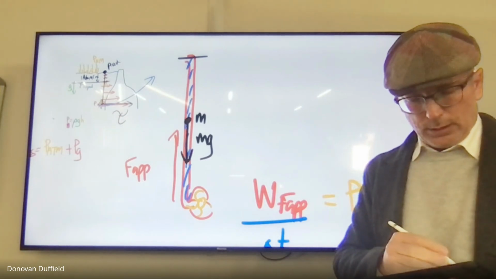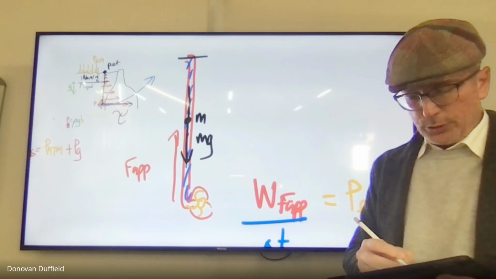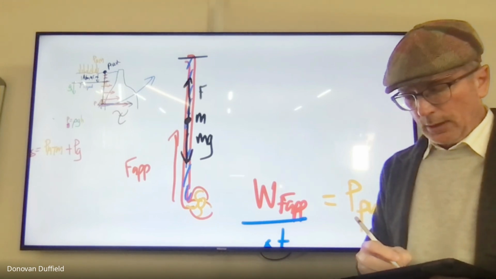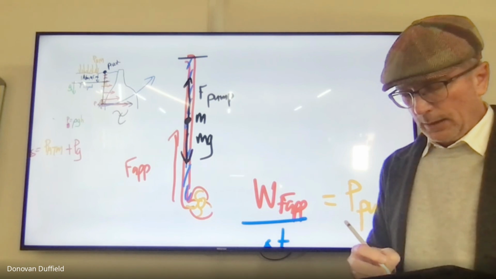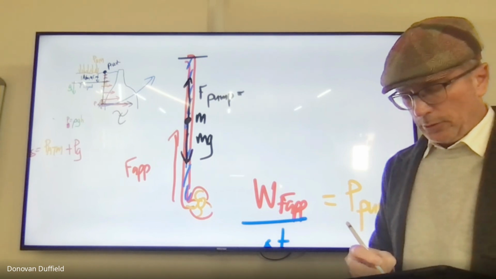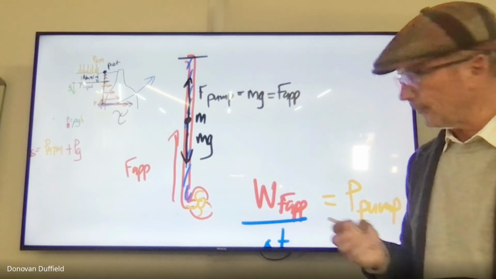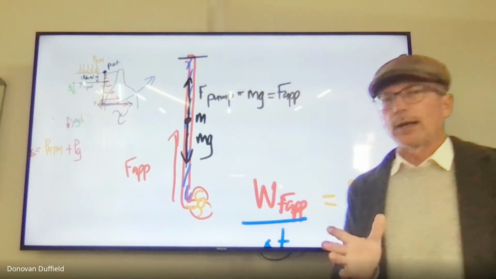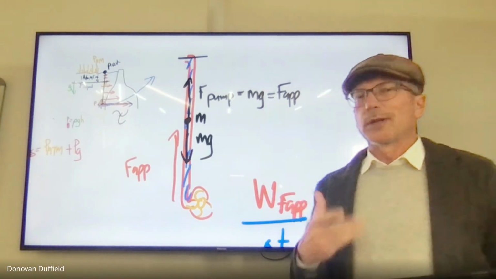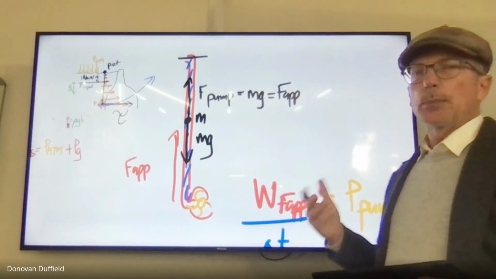So if we look at the force of the pump, that would also be equal to mass times gravity. That would be the applied force. We're obviously simplifying it. In the real world, the water gets accelerated, but we're keeping it simple.